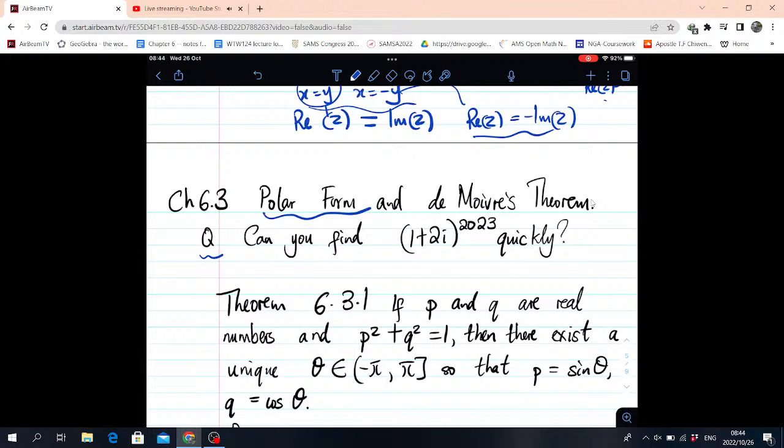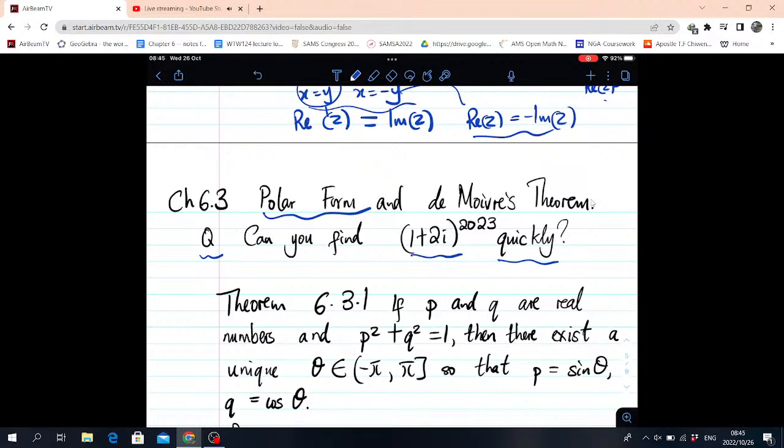Can you find (1 + 2i)^2023 quickly? So you've got a complex number there, and you want to find its powers. Quickly might not really be the word, but efficiently, or at least cutting corners, not doing the direct approach, because if you do the direct approach, you have to multiply 1 + 2i 2023 times. That is not going to be a pretty sight.